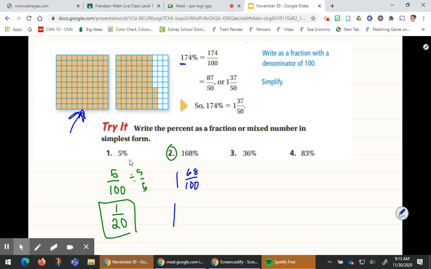And then the fraction would be whatever you get when you simplify your fraction. 68 divided by 4. Someone did that one. Was it Ethan? Yeah. Okay, that's what we should have gotten. Okay, 1 whole is 100%. So we have 1 and 17/25.